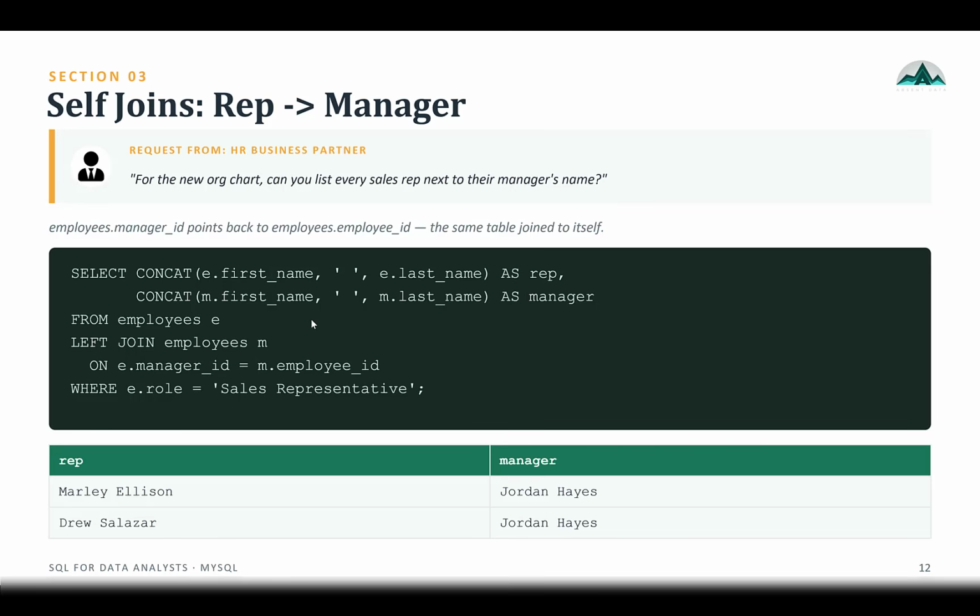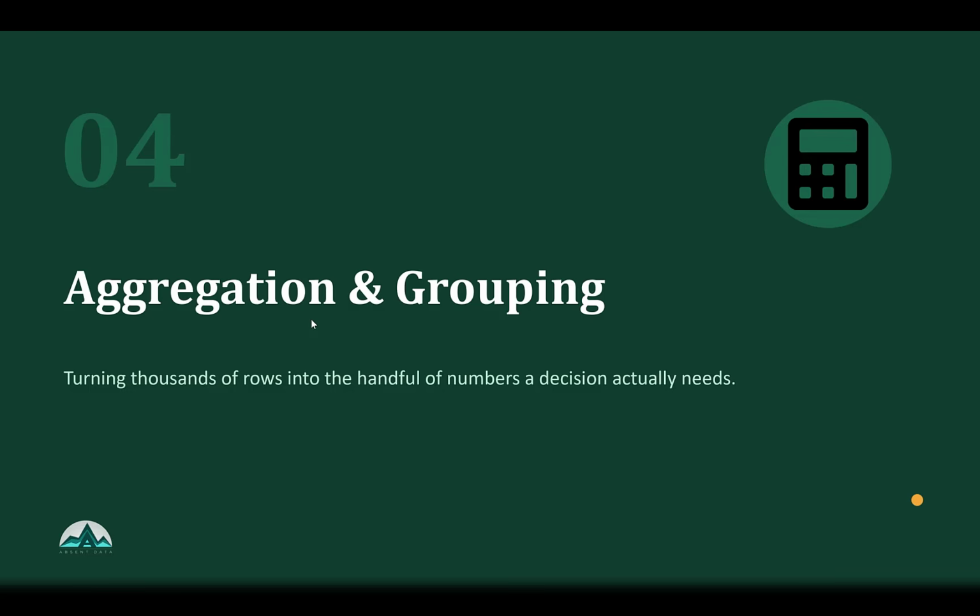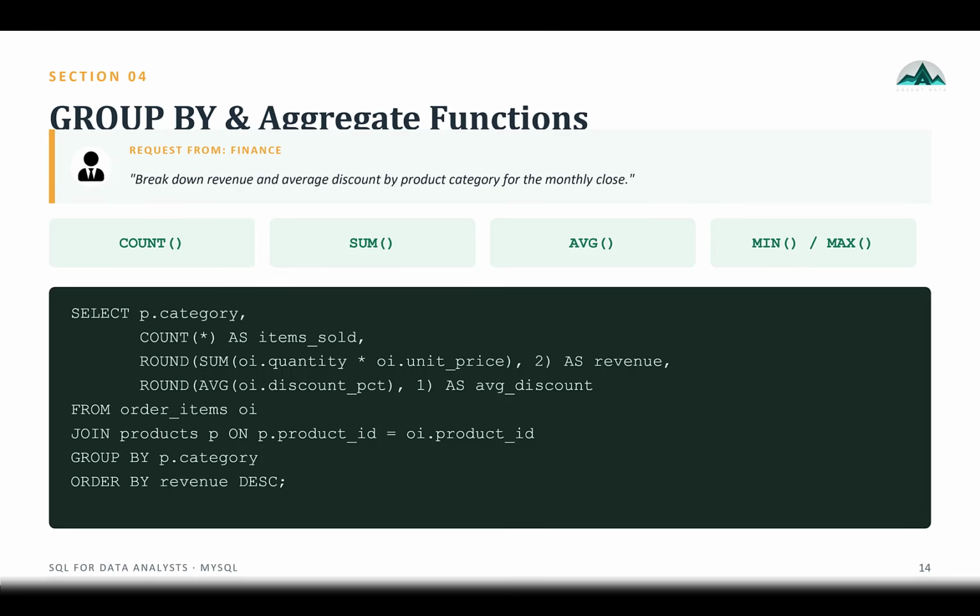Now, we did see in our previous query about aggregations and grouping. So we broke down the revenue, and we got the average. We didn't get the average discount, but this is what this is doing. So you can see break down the revenue and average discount by product category for the monthly close.